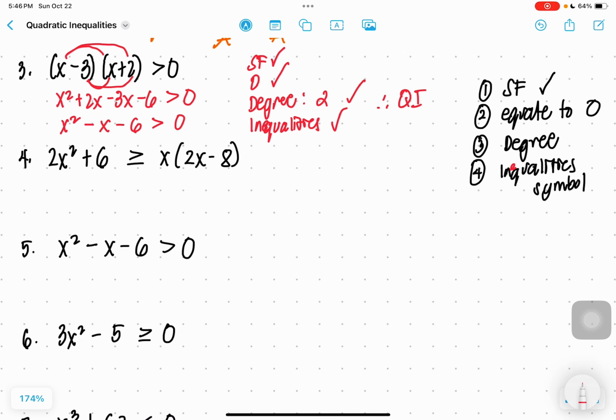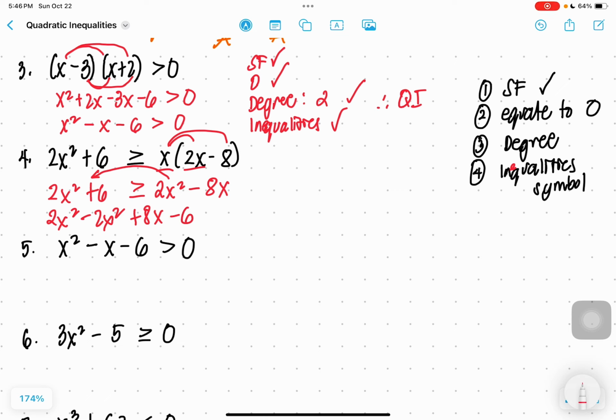Okay, number 4. So, hindi pa siya naka-standard form. So, ayusin muna natin. Magiging x times 2x is 2x squared, then negative 8x. So, ita-transform natin siya dito sa kabila. So, kapag nilipat natin, maka-cancel. So, 2x squared minus 2x squared plus 8x plus 6 greater than or equal to 0.